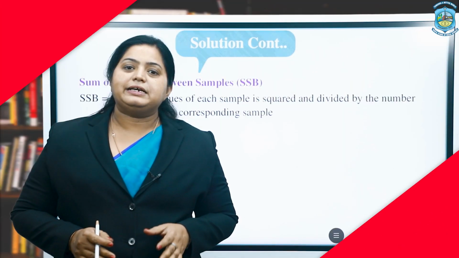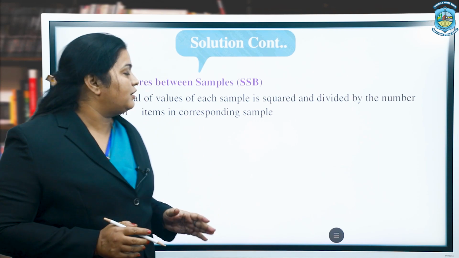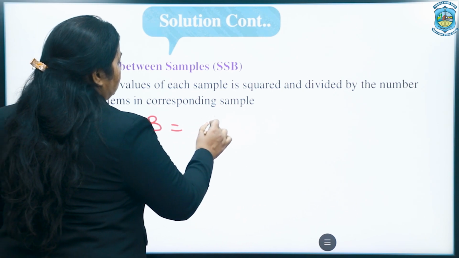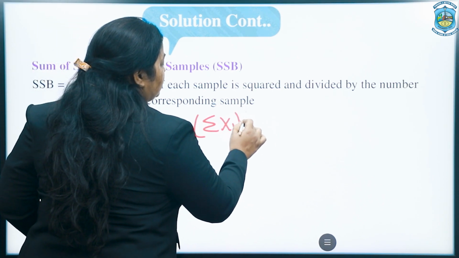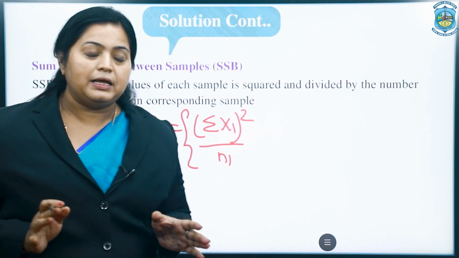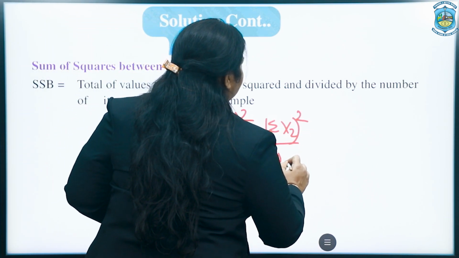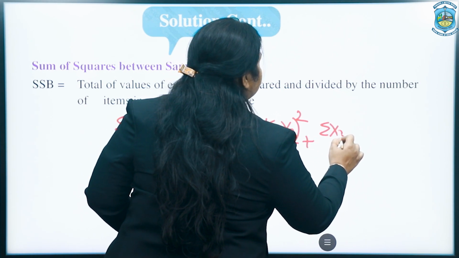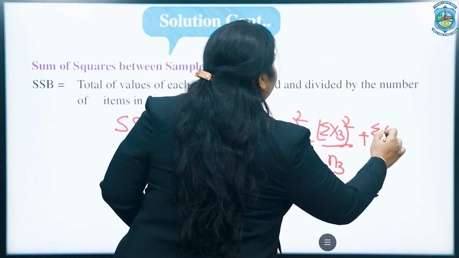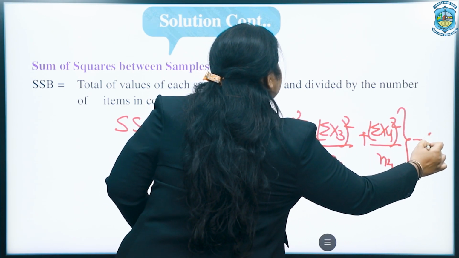Now the next working rule is to find SSB, that is, the sum of squares between the samples. The formula is SSB equal to summation of x1 whole square divided by n1, where n1 is the number of items in the first group, plus summation of x2 whole square divided by n2, plus summation of x3 square divided by n3, and the last is summation of x4 square divided by n4, minus the correction factor.